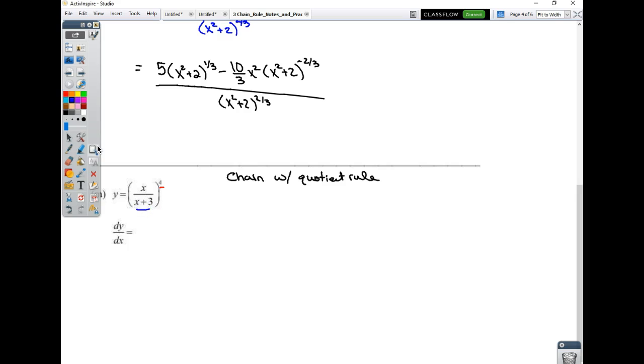All right. So what's the outer piece? This is easy. 4 times something to the 3rd.